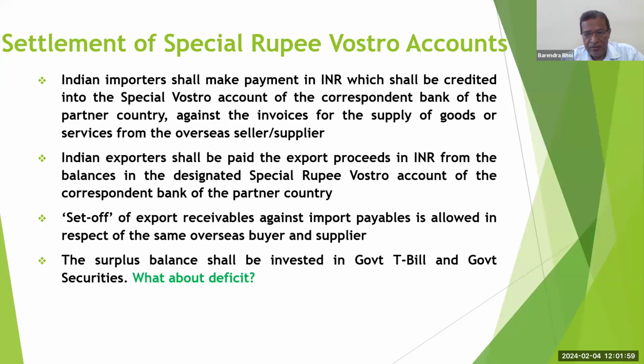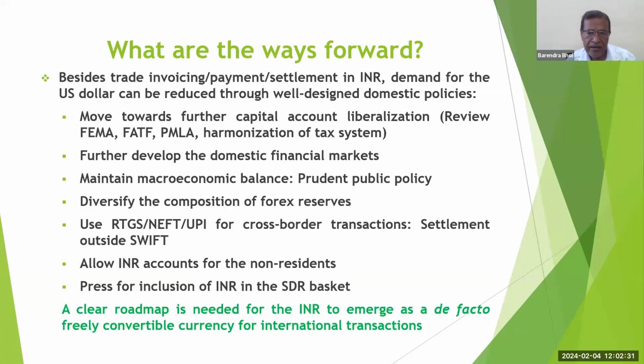They will not join, so it all depends upon the country. They may be willing to join this rupee Vostro account only when they are under the threat of US sanctions or facing some problem in the international market. With settlement in INR, demand for the US dollar can be reduced through well-designed domestic policy.